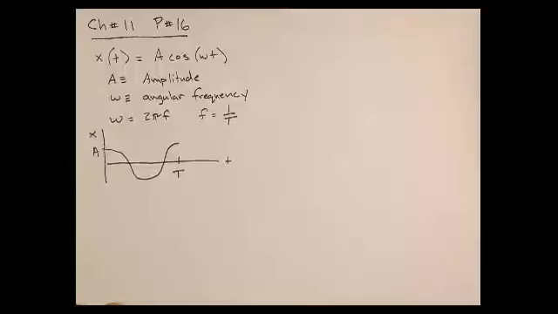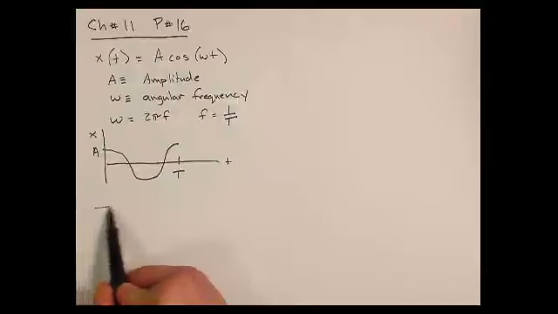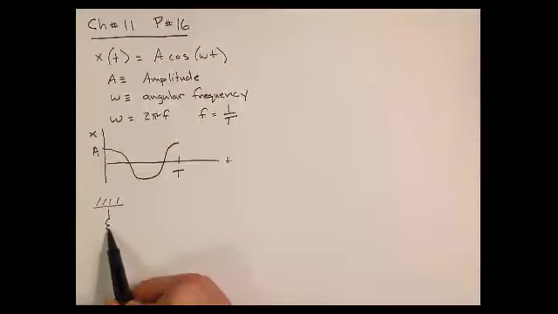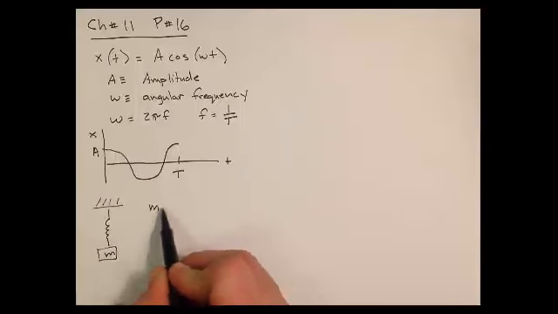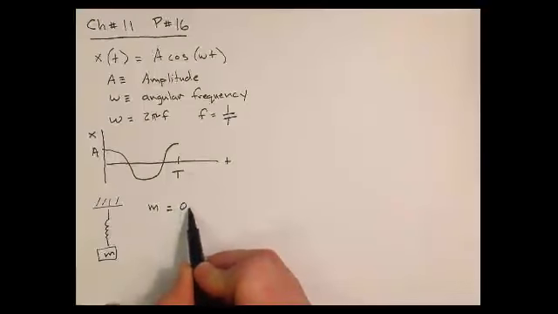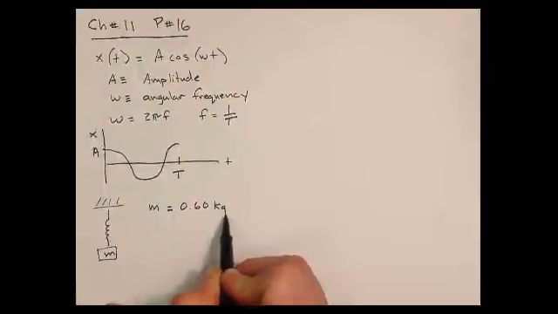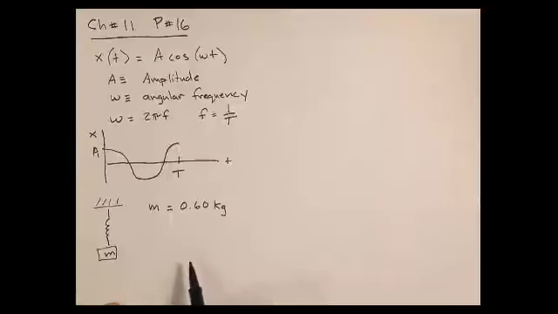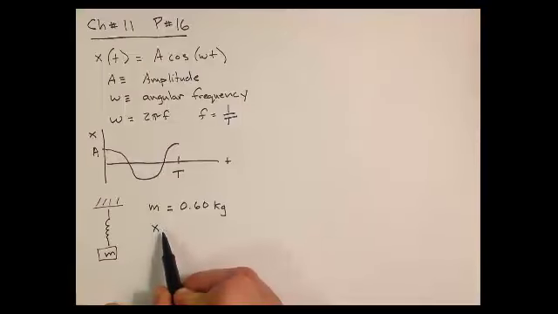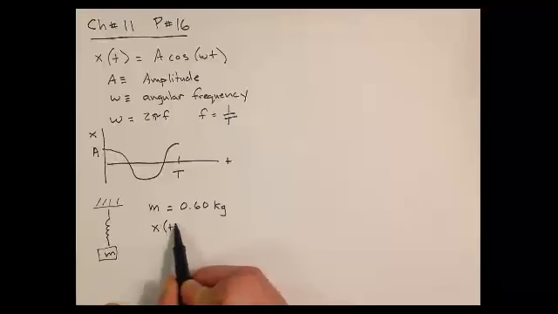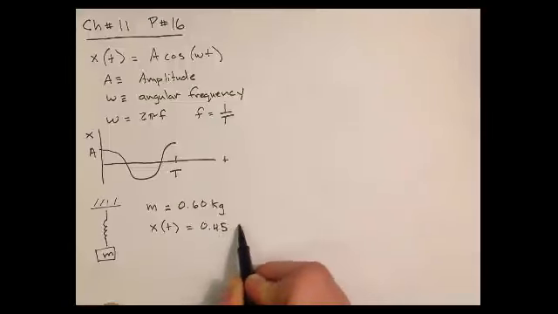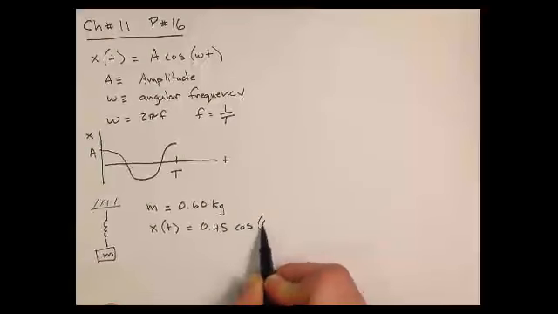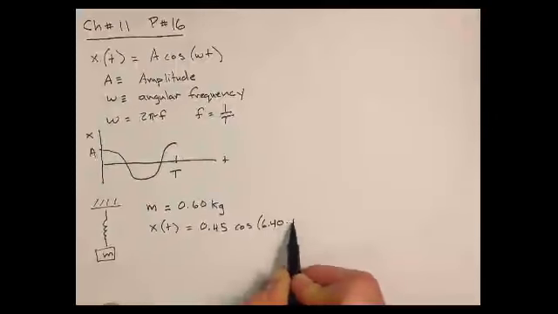This problem states that I have a mass on a spring. The mass of this object is 0.60 kilograms, and the position of this mass is governed by the equation x of t equals 0.45 cosine of 6.40 times t.